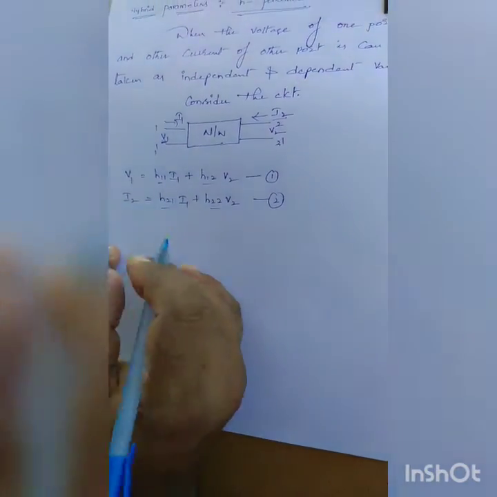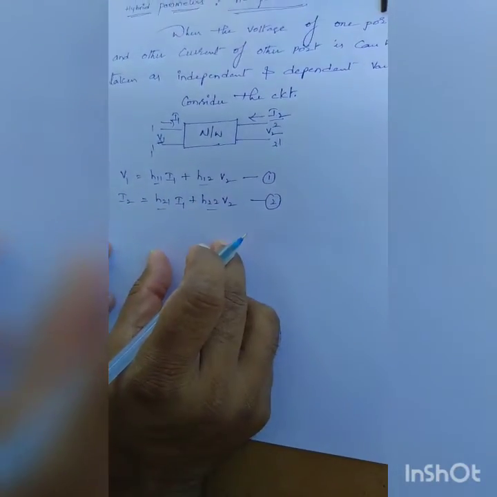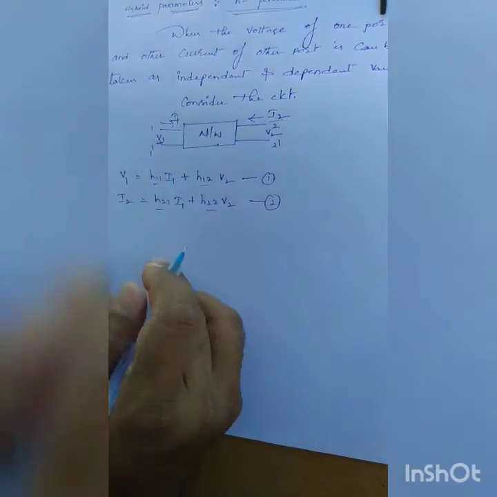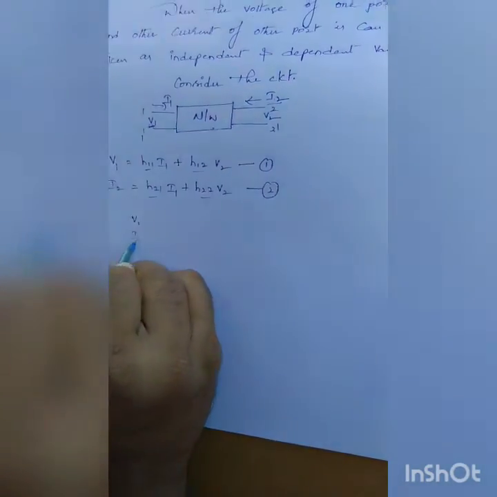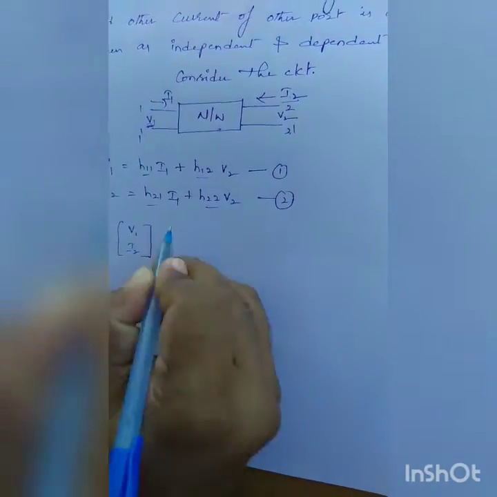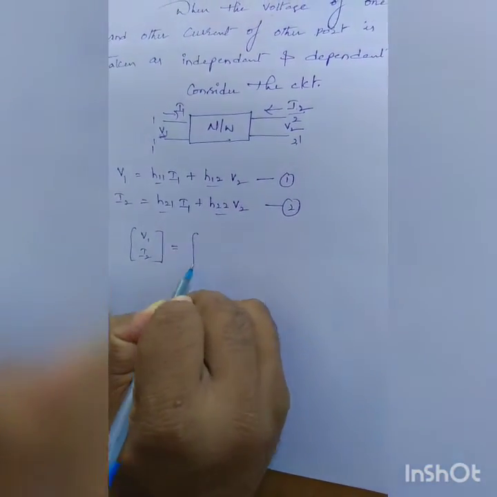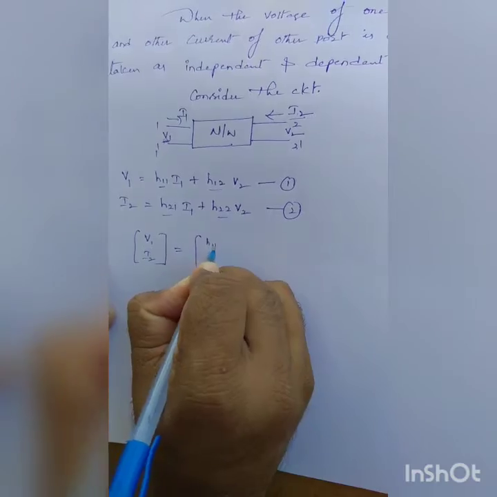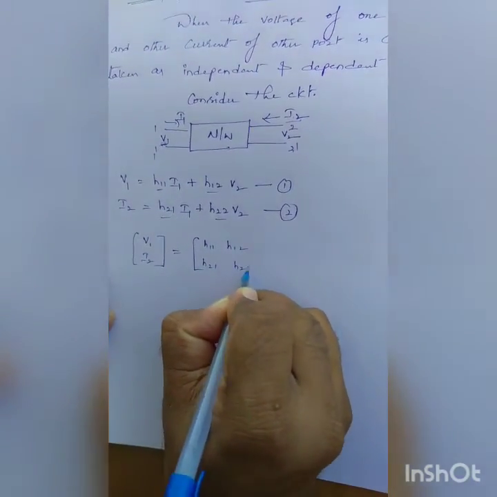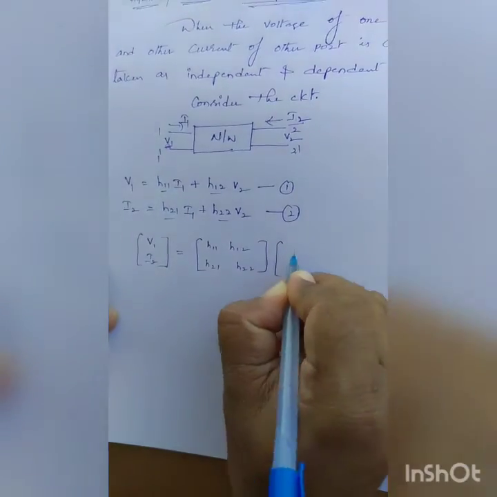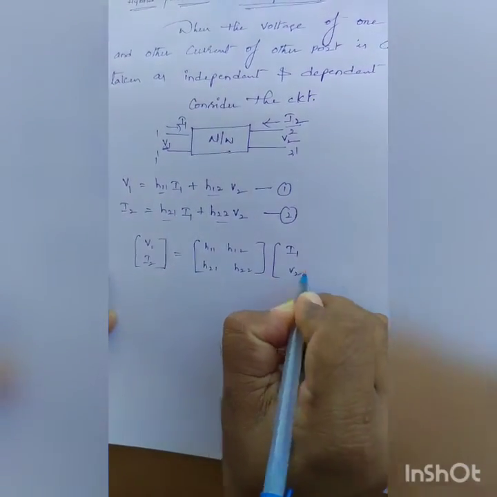To write the matrix equation, V1 I2 is equal to the square matrix H11, H12, H21, H22, and column matrix I1, V2.